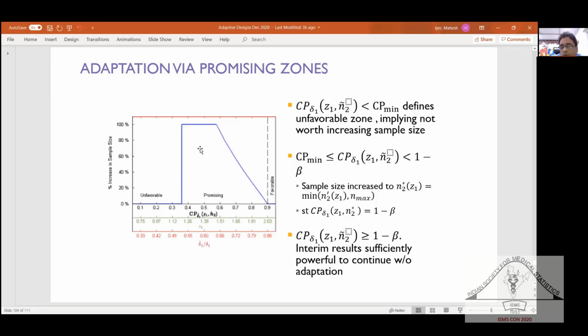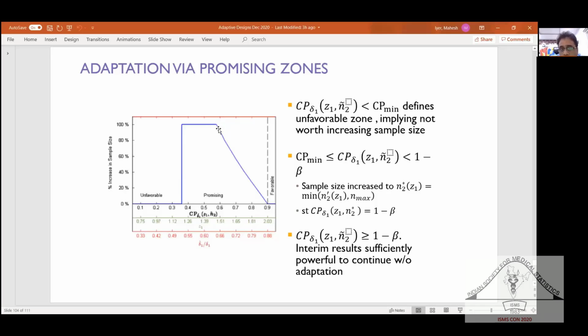So if you initially thought about 200 patients in your study, you can go up to 400. Between 0.36 and about 0.62, you can actually double your sample size and maintain your conditional power, which means you will have a much higher chance of your study being successful.